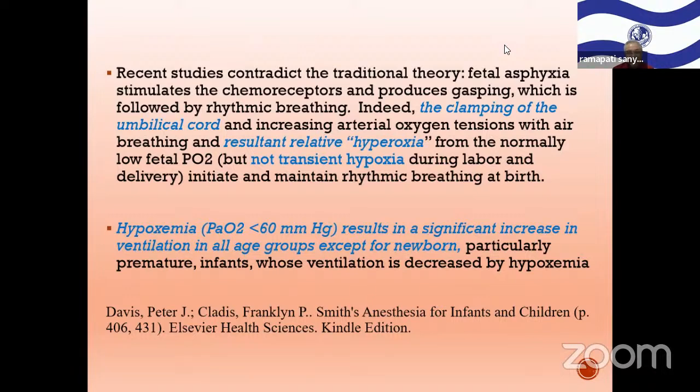Indeed, clamping of the umbilical cord and increasing arterial oxygen tensions with the breathing of air, and the resultant relative hyperoxia from the normally low fetal PO2, initiate and maintain rhythmic breathing at birth. So hypoxemia less than 60 millimeters of mercury results in a significant increase in ventilation in all groups except the newborn, particularly the premature infants, where ventilation is decreased by hypoxemia.